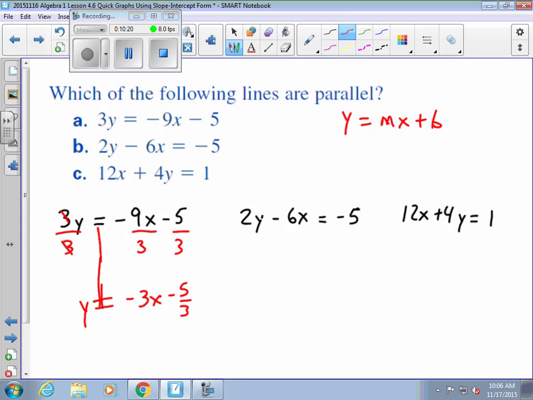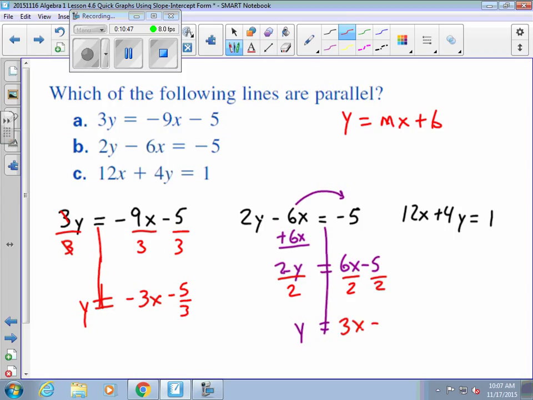For number 2, you have to do 2 steps to get this one to go to mx plus b form. You have to move over 6x by adding it. Now it says 2y is equal to a positive 6x minus 5. Then you need to divide by 2 to cancel out 2y. You divide this and this by 2, which gives you 3x minus 5 over 2.